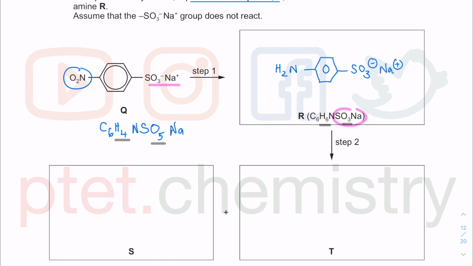So here in step 1, this is reduction. That's the type of reaction. It's new in the syllabus in the sense that you have to add in the sodium hydroxide in the end to remove the HCl in excess. Yeah. So tin and concentrated HCl is very common. Under acidic conditions, it will protonate to give you NH3 plus.